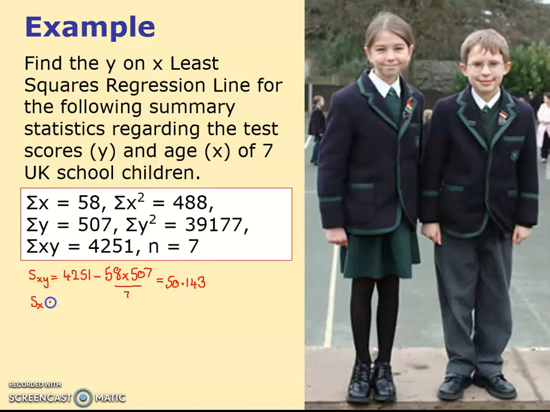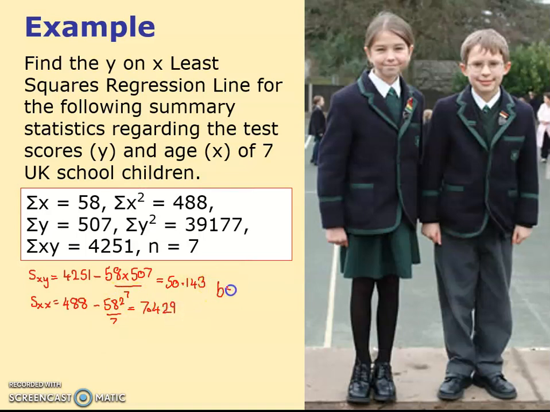And then I want Sxx. And again, I do a similar thing. I do the 488, sigma x squared, if you like, minus the 58 squared divided by 7. And this time I get 7.429, again giving it to 3dp.